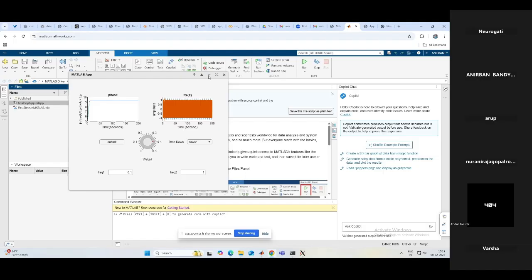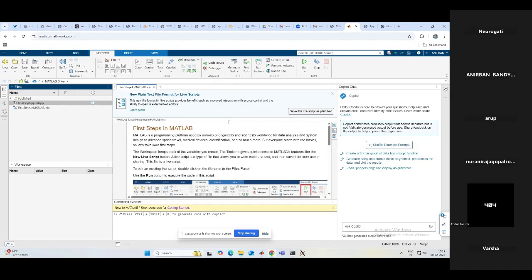If you have installed it already, there is an ODE folder in the XPPAUT folder. If you go to that folder, there is an ODE file called pend.ode. In this pend.ode file, you just open the file.